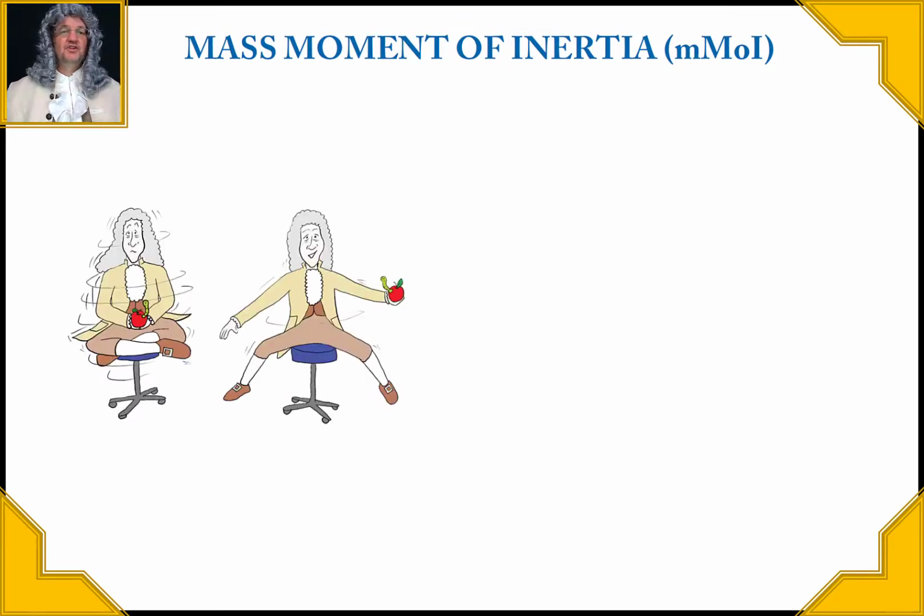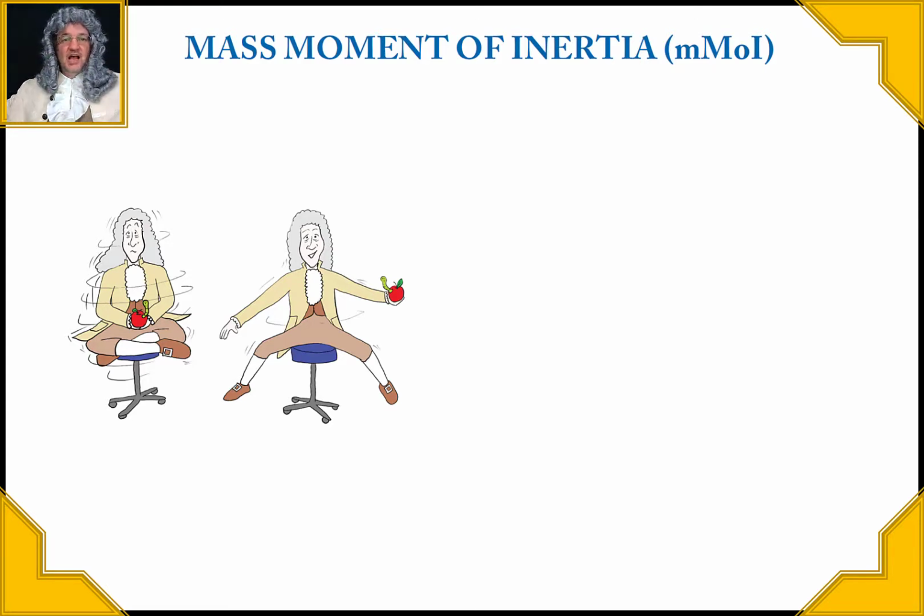Now, mass moment of inertia, conceptually, it's easy to think of it in terms of sitting in a chair and spinning, right? And just like an ice skater, if you've ever seen ice skating, where they hold their hands out wide and then do a spin, and then they tuck them in. When they tuck them in, they're decreasing the mass moment of inertia.